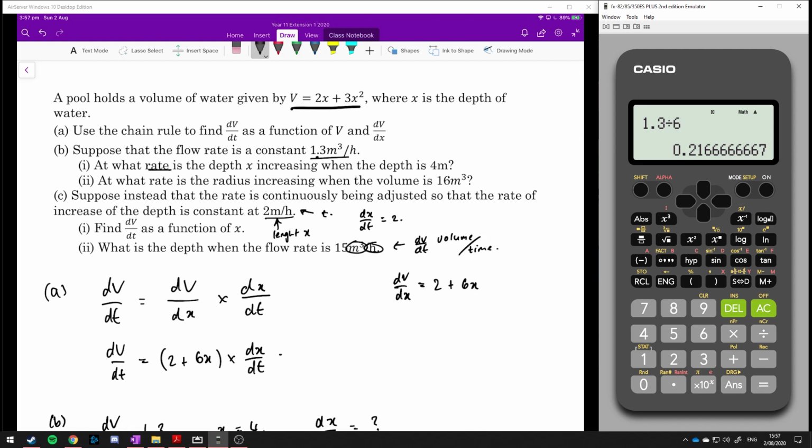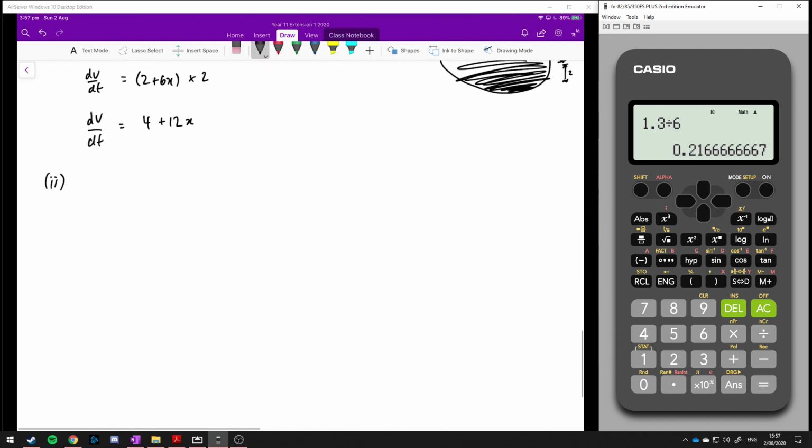So dv dt is equal to 15, but we also know that dv dt is equal to 4 plus 12x, so we can substitute that in and we get 15 is equal to 4 plus 12x. Simplifying this, we get 11 is equal to 12x, which means that x is equal to 11 on 12.